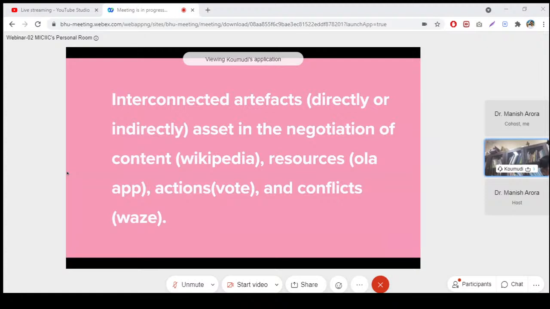Interconnected artifacts assist in the negotiation of content, resources, actions, and conflicts. They also facilitate democratization of participation of agents, their activities, and voices. However, most of such design platforms either do not address a design concern directly or do not transform the user into a decision maker. But if pursued, they do have the potential to address these lacunas.